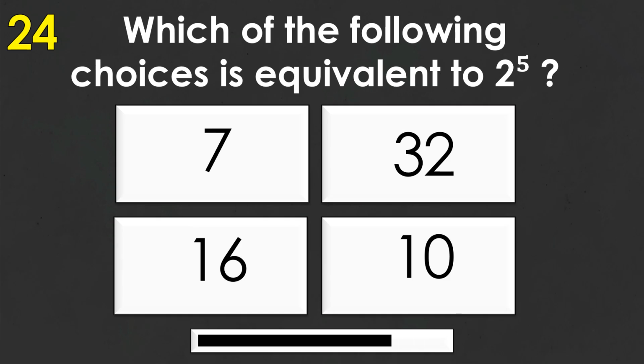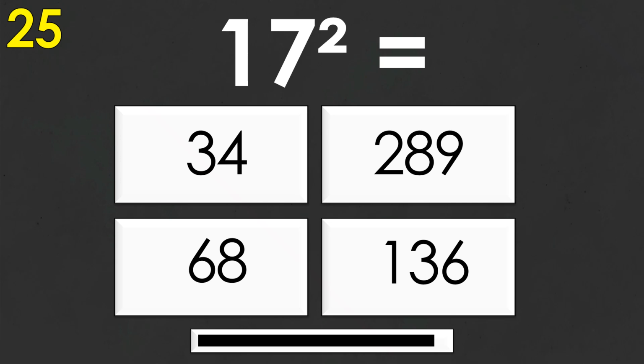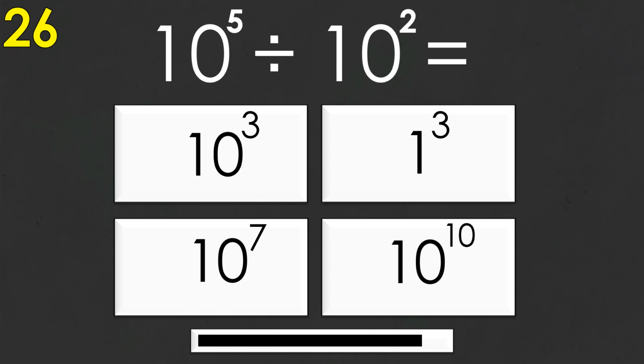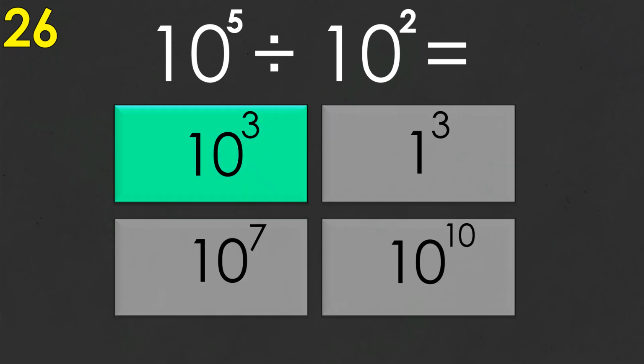Six power 3. Which of the following choices is equivalent to 2 power 5? 32. 17 power 2 is equal to 289. 10 power 5 divided by 10 power 2 is equal to 10 power 3.